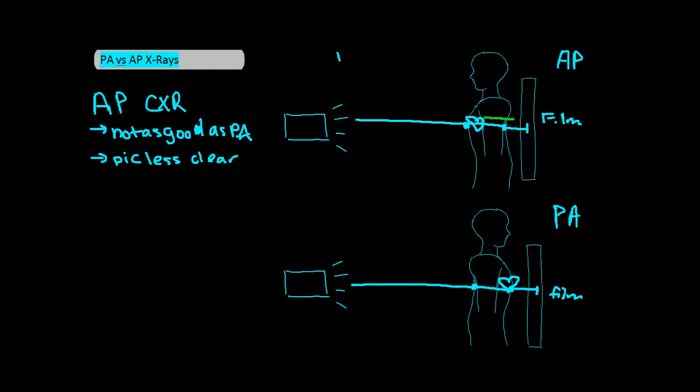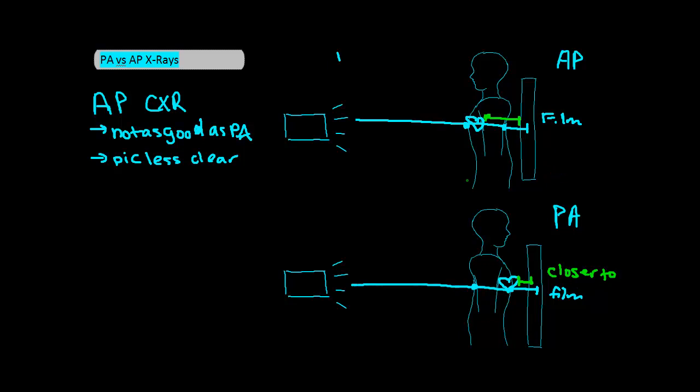And so this is the distance for the AP film of the heart from the film, and this is the distance of the PA film of the heart to the film. And notice that, again, for the PA film, it's closer. There's less of a distance, and for the AP film, it's greater. There's more of a distance. And this difference is the main reason why we prefer the PA over the AP film.